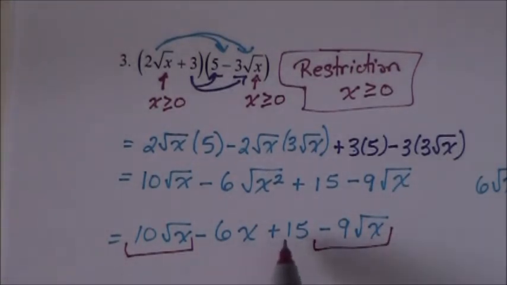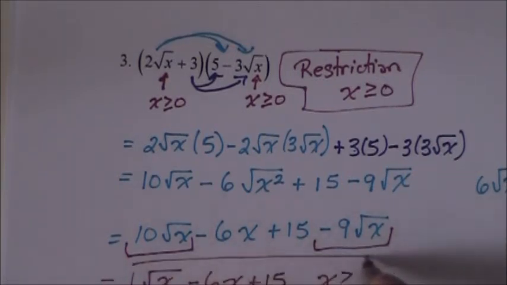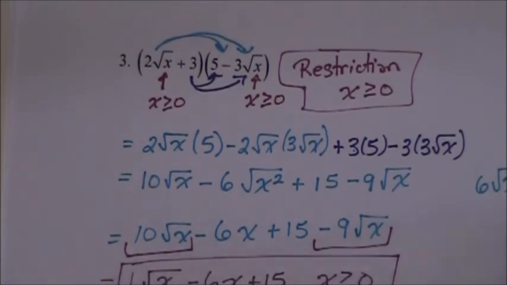These two, neither of them have radical signs. However, this one has an x, this one does not. So these two are not like terms, they cannot be combined. As we go to do this, 10 minus 9 is 1, square root x, minus 6x, plus 15. x has to be greater than or equal to 0. There is our final answer.